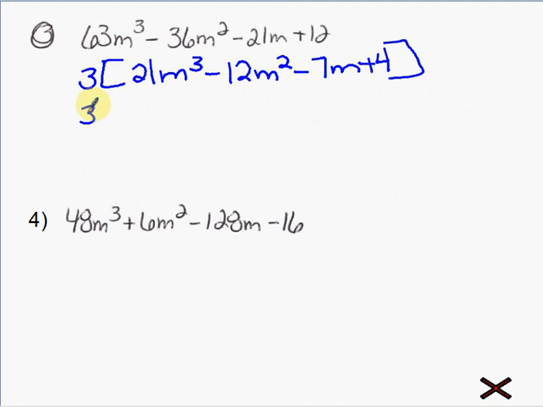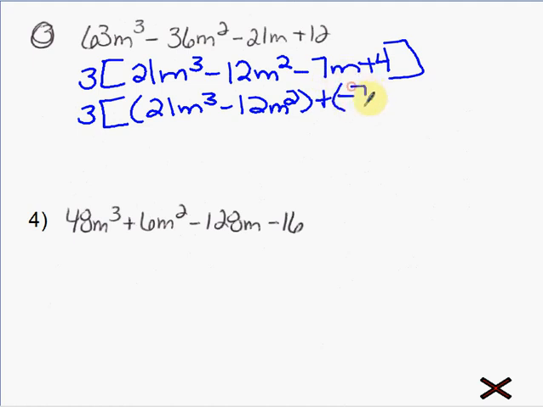Okay, I keep 3 and I make groups. And I'm making groups because there are 4 terms on the inside of my brackets. See that minus there? I don't care, I put a plus. The minus goes right here. Okay, that just saves a lot of headaches if you make that a plus, because then you don't have to change the sign on the 4.